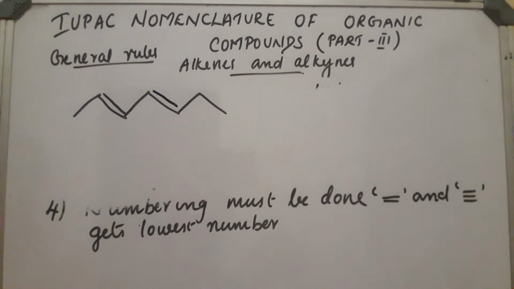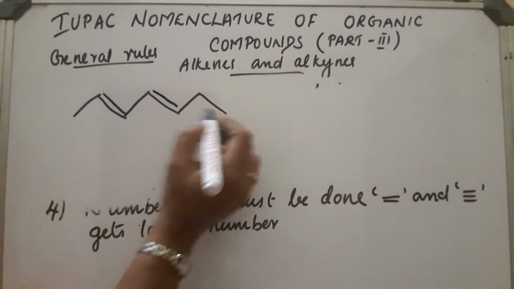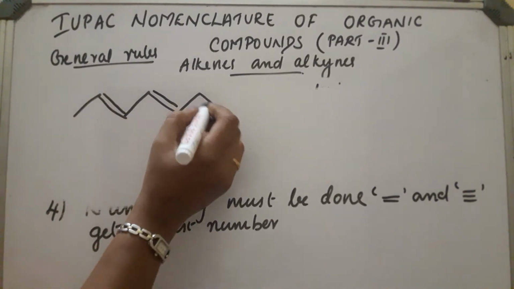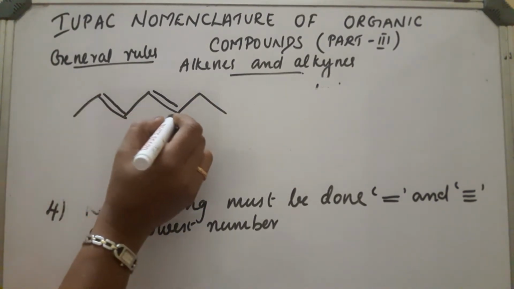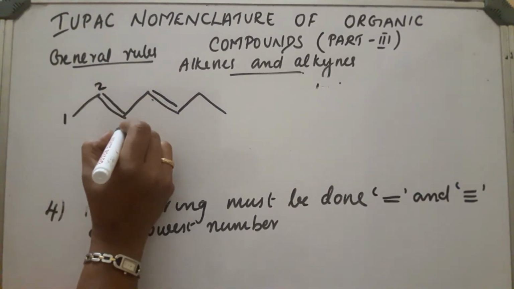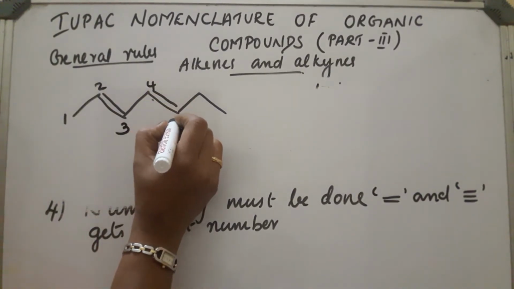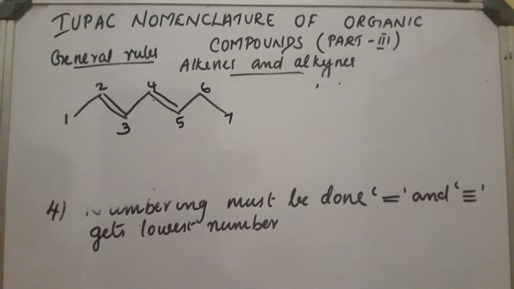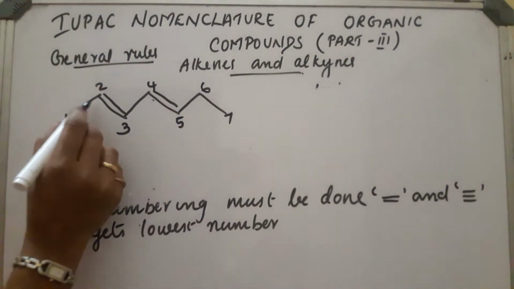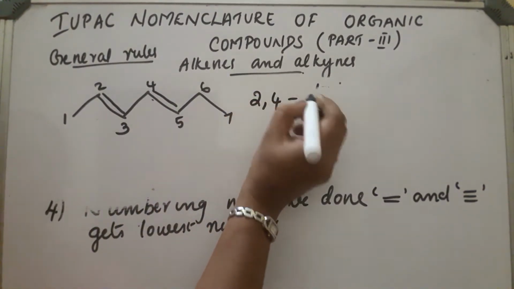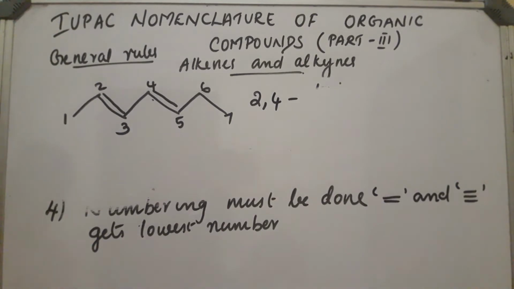While numbering, we could number from either end, but numbering from here the double bond will be in the second position, whereas numbering from the other end it would be in the third position. So we number from here: 1, 2, 3, 4, 5, 6, 7. The double bonds are in the second and fourth positions. So 2, 4.